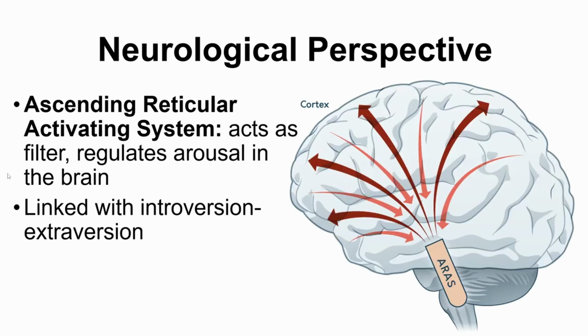And what are some of the systems that might be involved with some of this? We have something called our reticular activating system, or here, ascending reticular activating system, because it typically starts coming out of our hindbrain and our midbrain, so down towards where our brain joins our spinal cord, and it sends signals outward throughout the cortex.